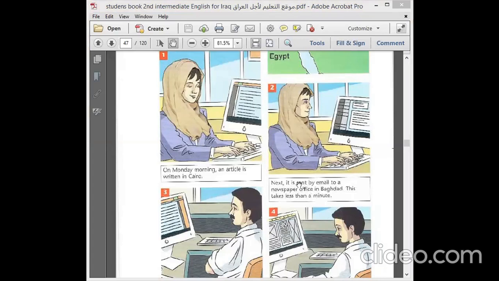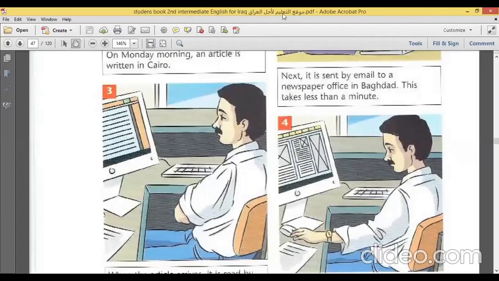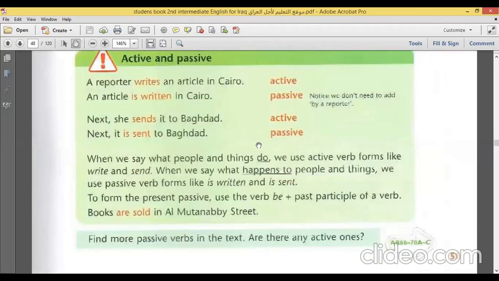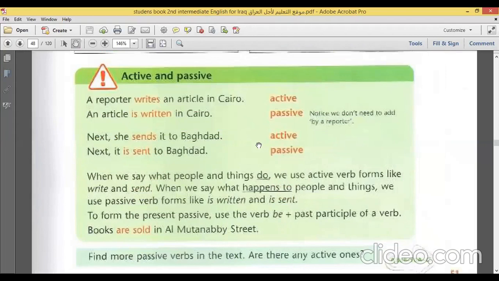So now you know how to form a passive sentence. There is a grammatical box on page 51, right? Let's read it. Here are examples taken from it and the difference between active and passive.